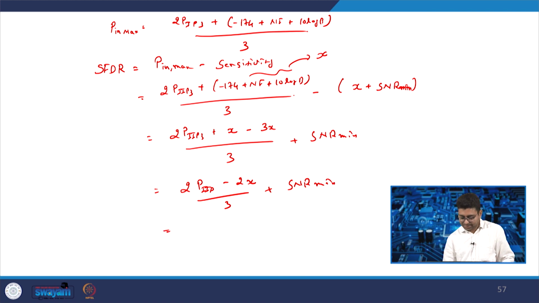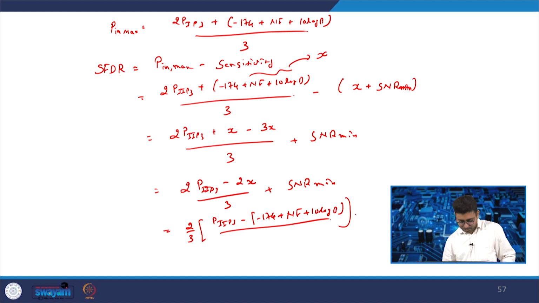So, this x, if we take 2 by 3 out, this is P IIP3 minus 174 plus noise figure plus 10 log B, and plus SNR min.